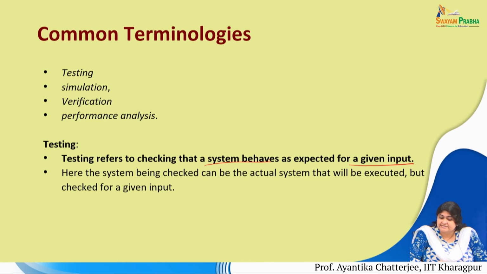Here the system being checked can be the actual system. When the actual system is in execution, we can give the test input and check whether each and every requirement according to our given specification is getting satisfied or not.